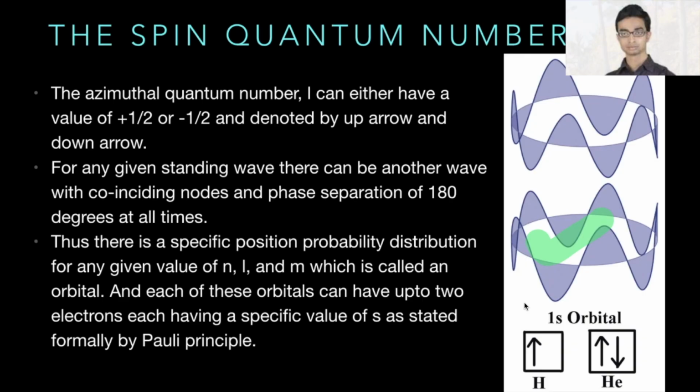Thus, there is a specific position probability distribution for any given value of n, L, and m, which is called an orbital, and each of these orbitals can have up to 2 electrons, each having a specific value of S, as stated formally by the Pauli principle.